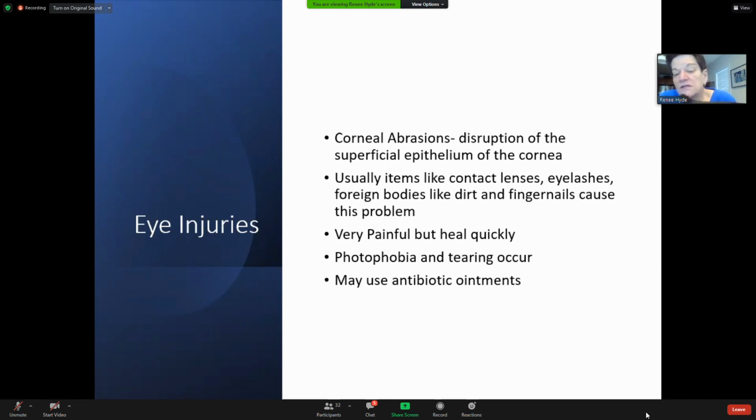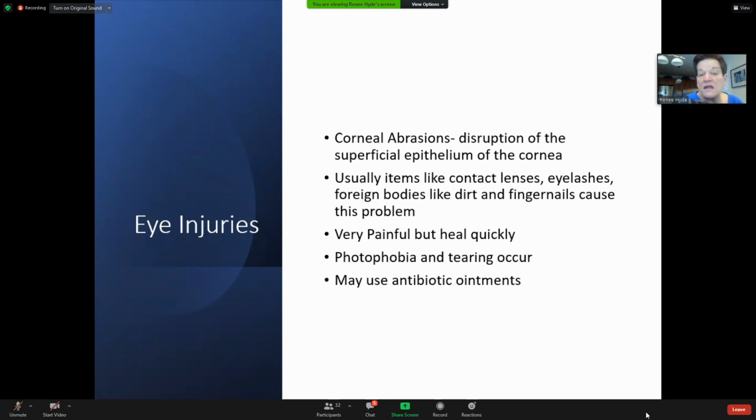If patients come in with contact lenses on that are not extended wear, then the longer that contact lens stays in the eye, the more likely they are to have a corneal ulceration.